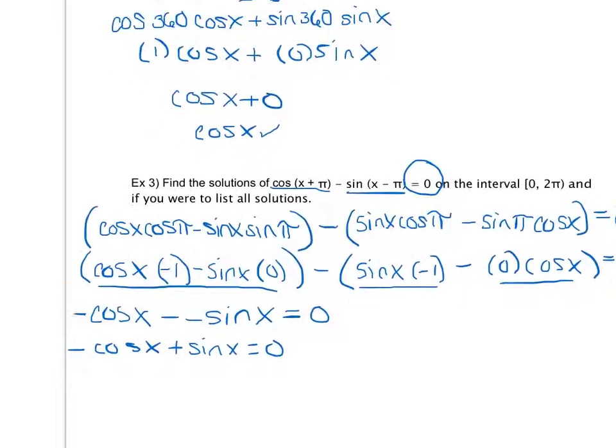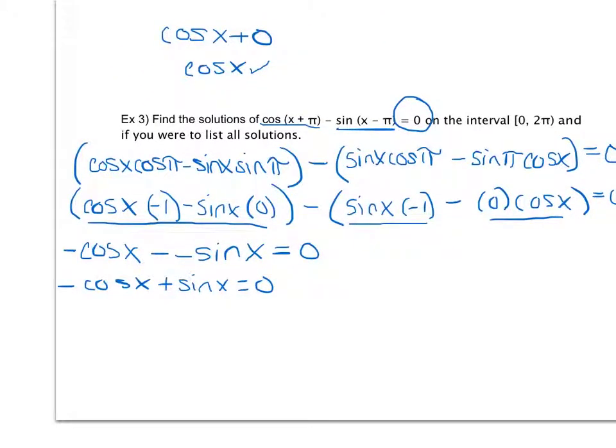So if I think about my different solving methods, oftentimes I look to see if there's anything I can factor. I try isolating the trig function. Sometimes it's helpful to write one trig function in terms of another. And I don't see any of that working for me on this one. So if I try to just isolate one of the trig functions, say I try to isolate sine by adding cosine of x to both sides, I get sine of x equals cosine of x.